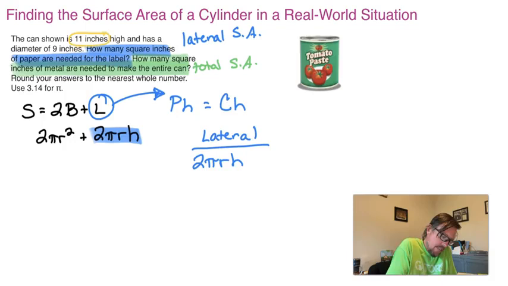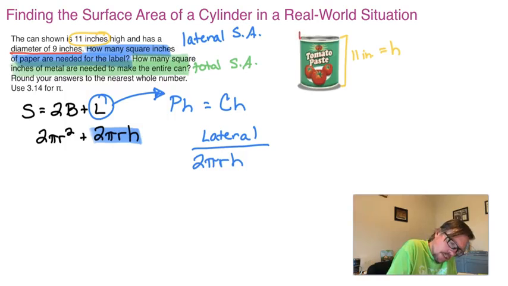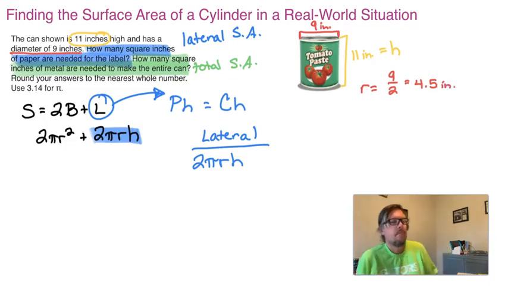So the can is 11 inches high, so that's 11 inches. That's going to be our h. And it has a diameter of 9 inches. That is going to be this right here, 9 inches. And that means our radius is half of that. 9 divided by 2 is 4.5 inches.